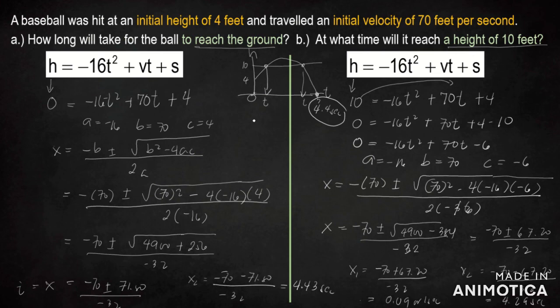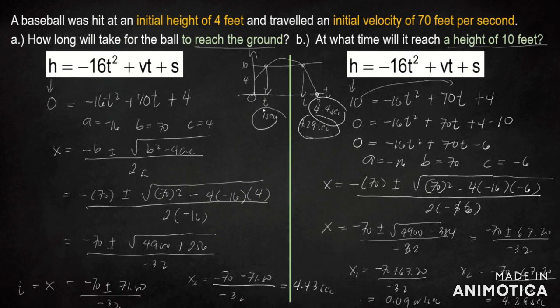So this only shows that the ball reaches the height of 10 feet during or after 1 second, then again at 4.29 seconds. So, this is how we are going to analyze it.